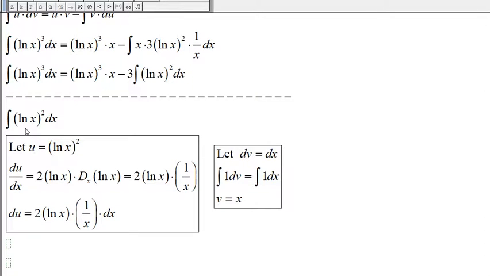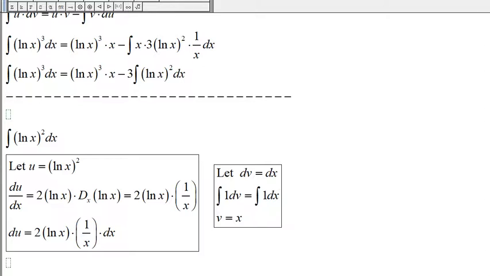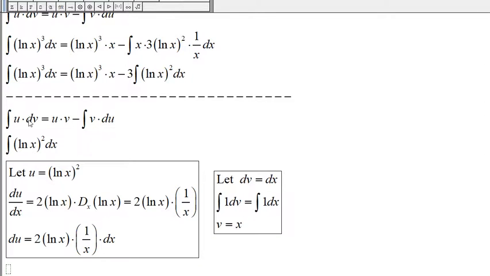For the integral of natural log of x squared, again, we let u be the natural log of x squared, and dv be dx. So the derivative of natural log of x squared will be 2 times natural log of x times the derivative of the natural log of x.